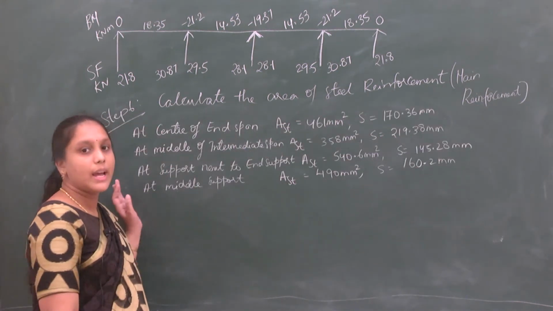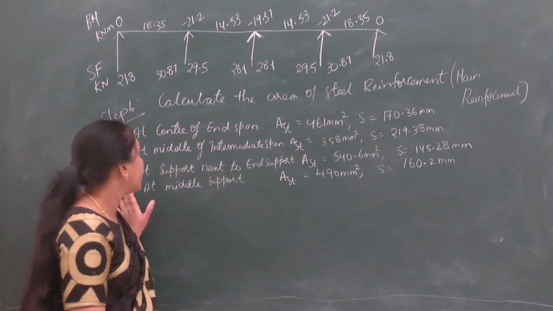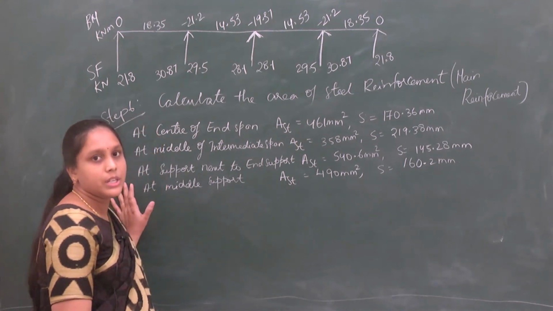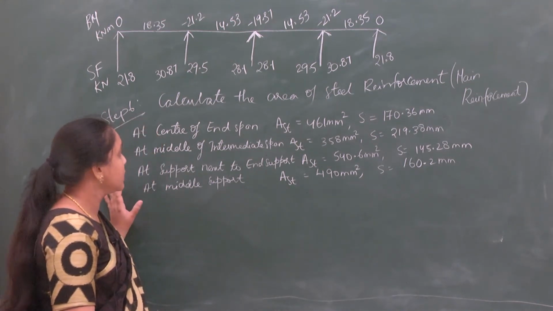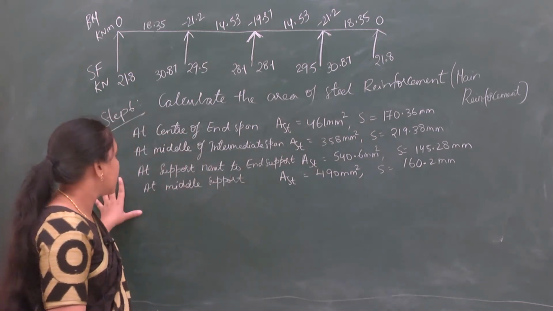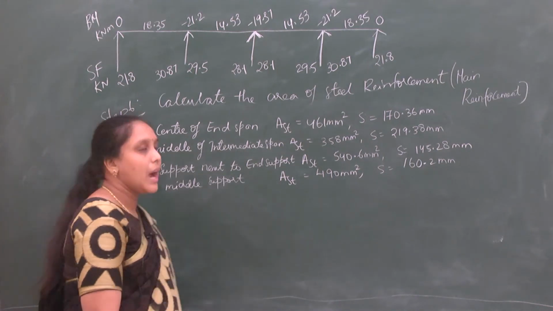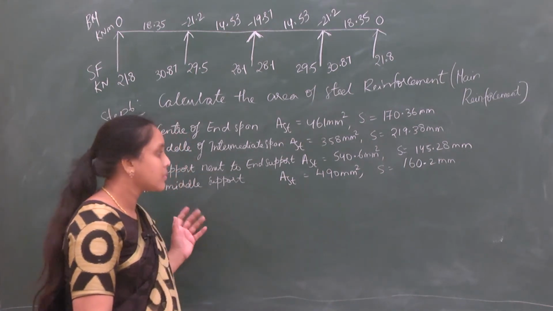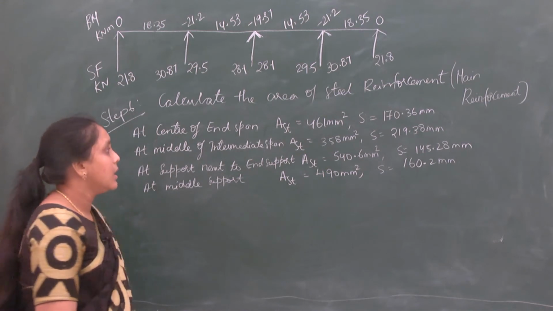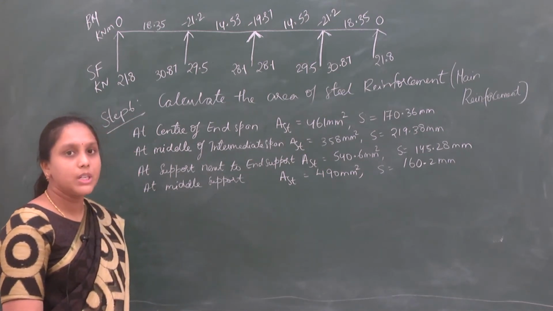Now we have calculated the area of steels and the spacing for different sections for different bending moments, and all the ASTs and the spacings are written here. Now we have to check for the minimum area of steel reinforcement to be provided for the slab.